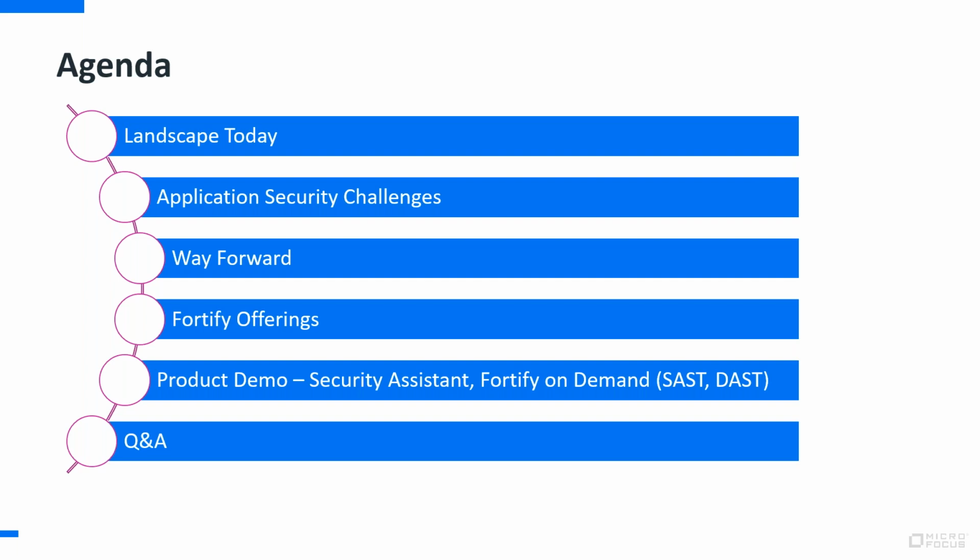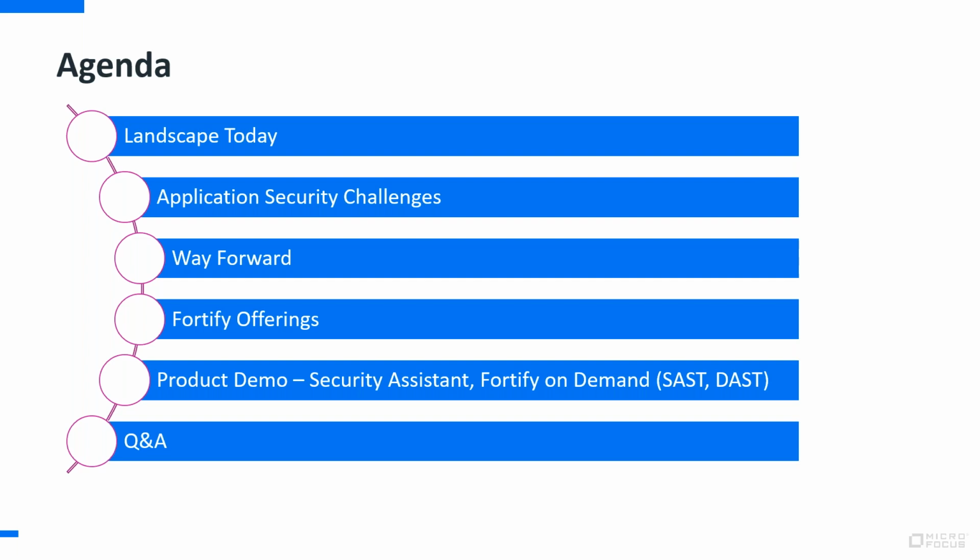We actually have quite a few offerings in our portfolio, so I'll go over that briefly. And then I'm going to show you a couple of the products that I think you're going to like, some of our tools like Security Assistant, and then the Fortify On Demand tool. I'll show you our static offering and our dynamic offering. And then lastly, we'll have some extra time for Q&A, but also feel free to ask as we go along.